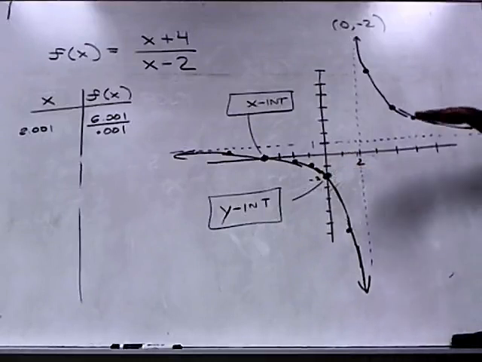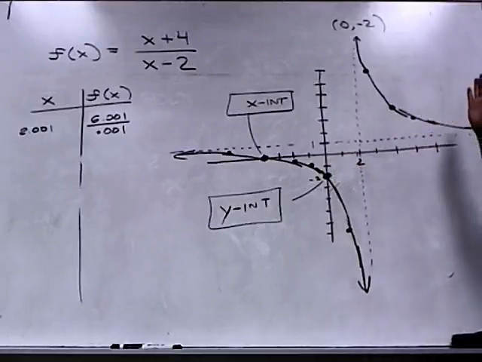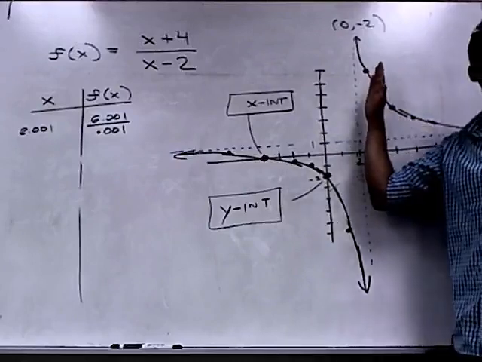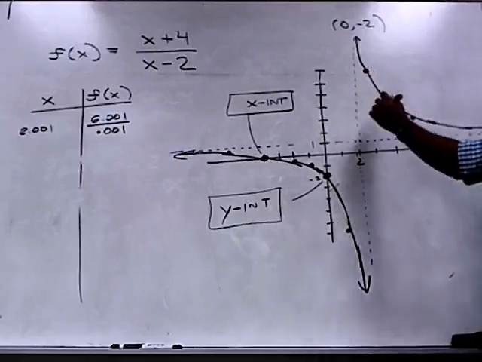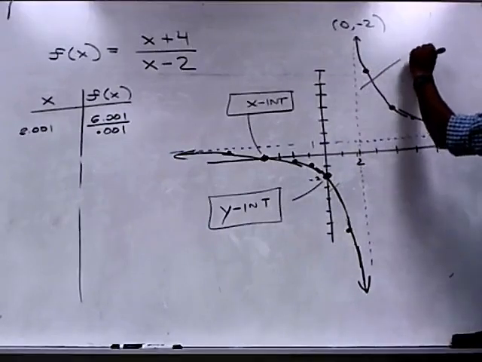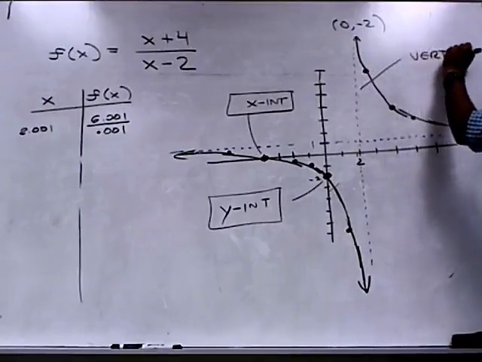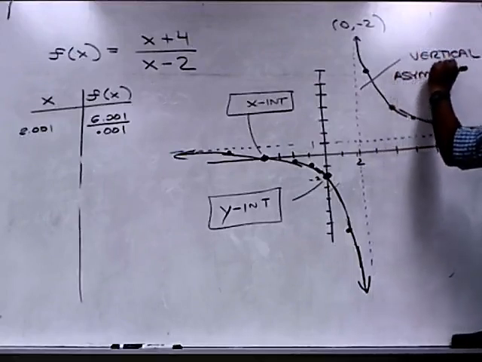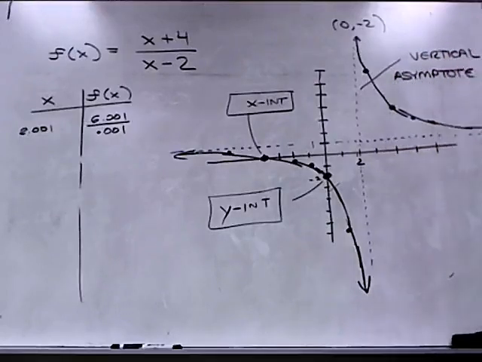Then what we have are these dotted lines, right? These dotted lines. This one is a horizontal line. This one is a vertical line, right? This vertical line is called a vertical, how do you say that? Asymptote. It's one of those weird words that isn't quite spelled the way it's pronounced, or it's just a weird spelling.